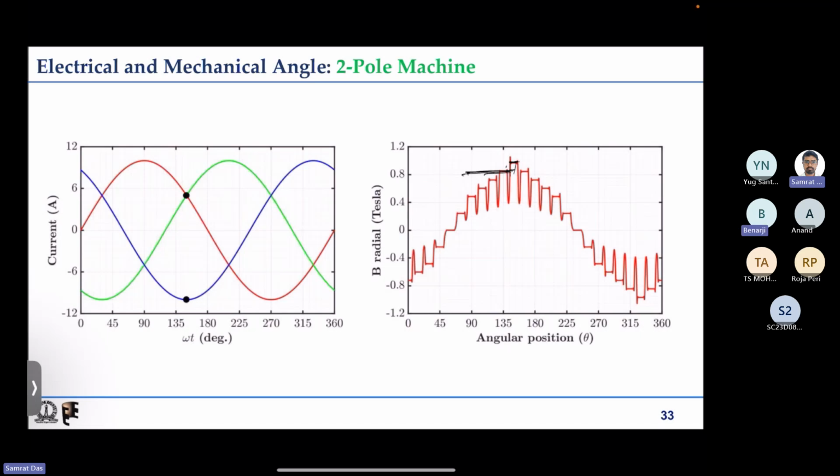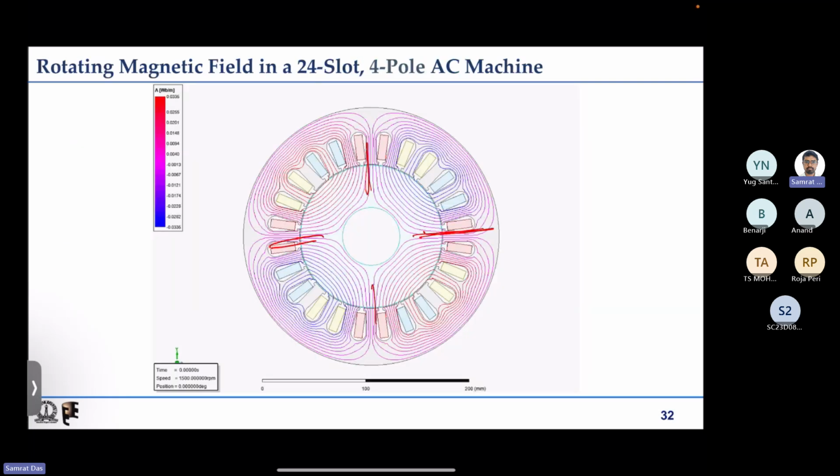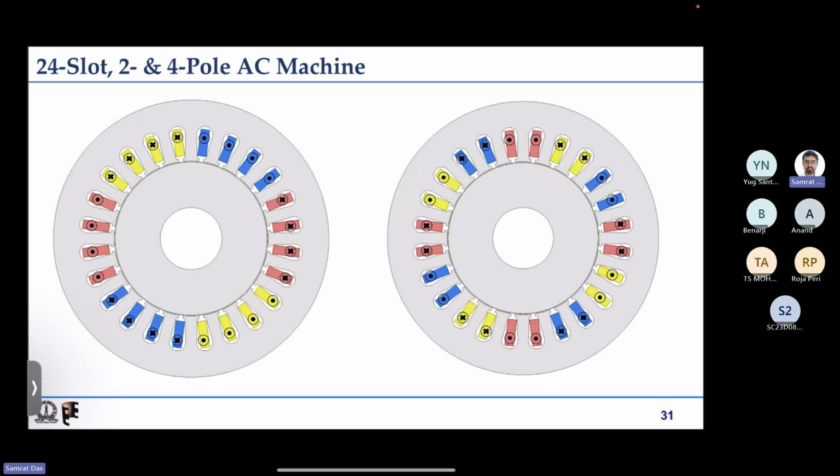Correct, correct. So actually, if you plot the mmf distribution that I have indicated in some lecture, how to plot the mmf distribution, for a given current excitation, by taking ampere loops like this, then you could plot this mmf distribution.